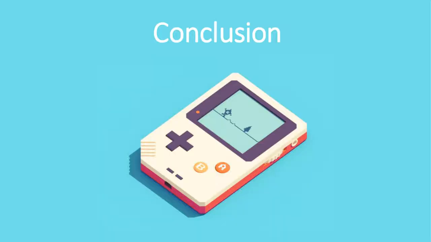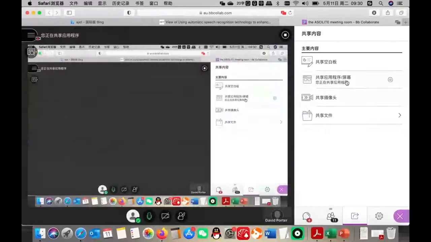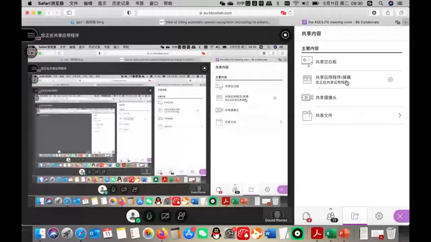Can you hear me clearly? Yes, please. I would like to share my screen here because I made some adjustments to the slides. Can you see my screen now? Not yet. Give it a second to come through. Actually, there we go. Okay.